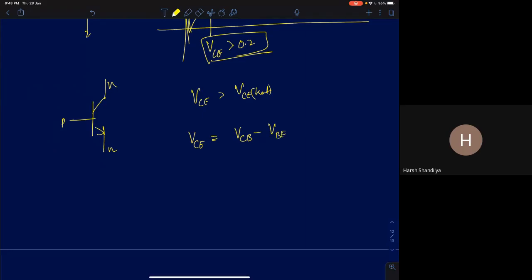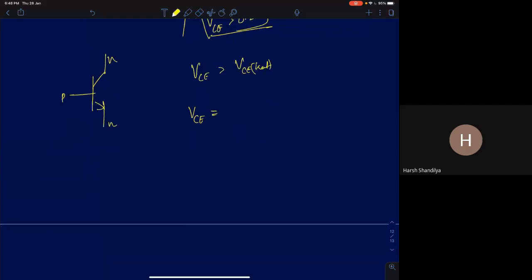Minus VEB, right? This should be minus VEB. See, this is the collector voltage, this is the emitter voltage. So this is VCB plus VBE. So the VCE will be equal to VCB plus VBE.